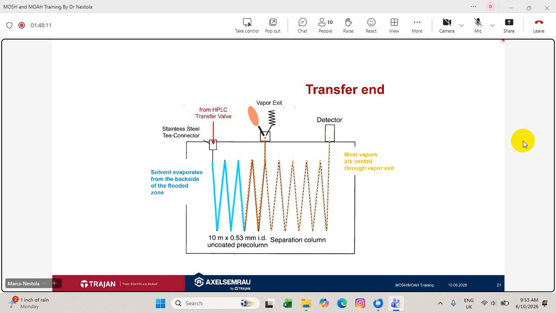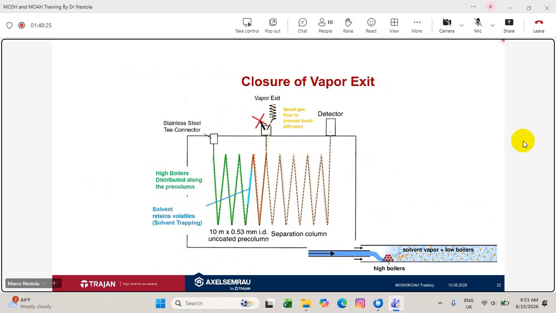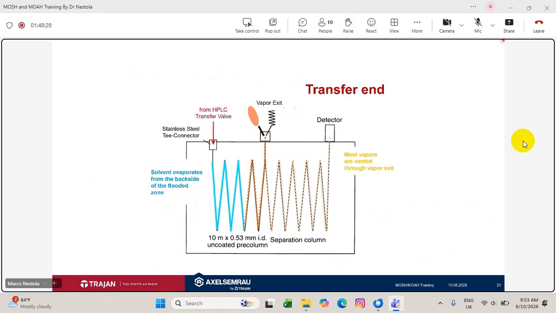What now happens is still the same as we have seen in the slide before. We are not injecting anymore, but our carrier gas is still flowing from the backside. So our flooded zone will be vanishing from the backside. We have fresh carrier gas from the beginning.